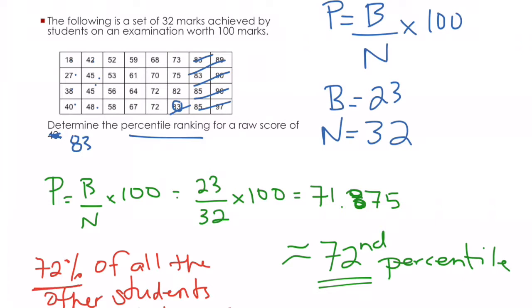That's what our percentile ranking tells us. So 72% of all the other students scored below an 83. So this student did quite well.